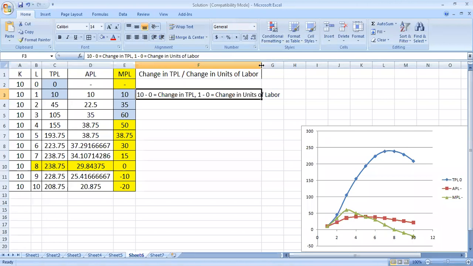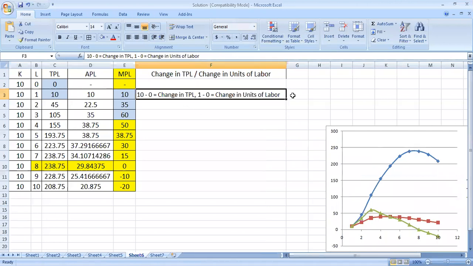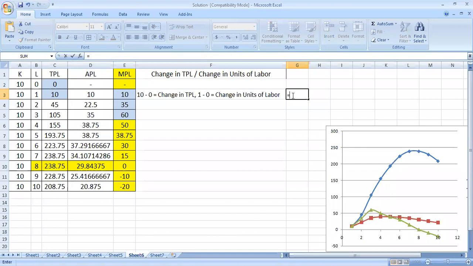So when you take its ratio, it should be 10 minus 0 divided by 1 minus 0, right? So the answer should be 10. 10 divided by 1, the answer should be 10, right?